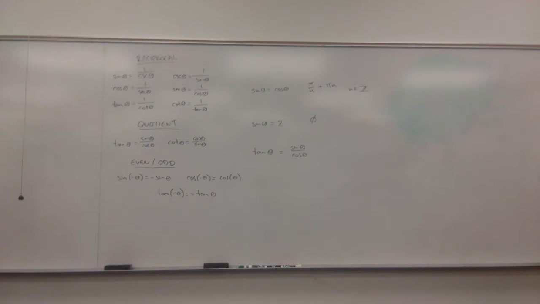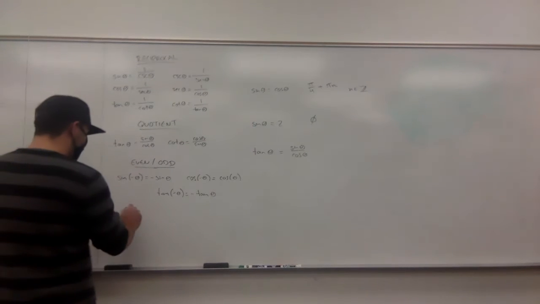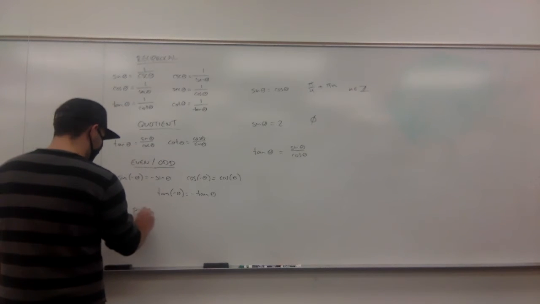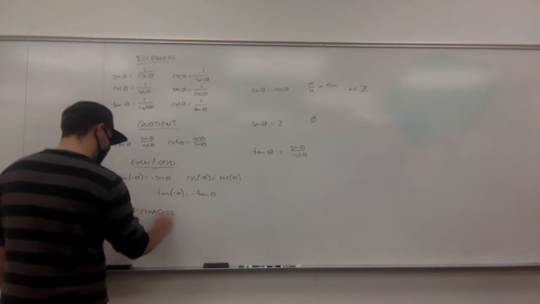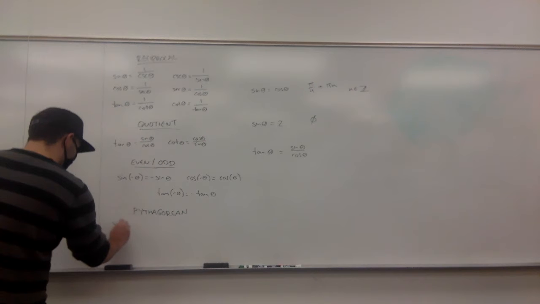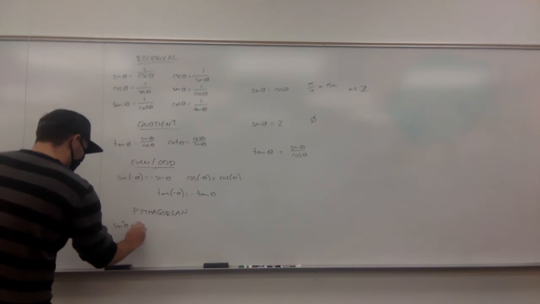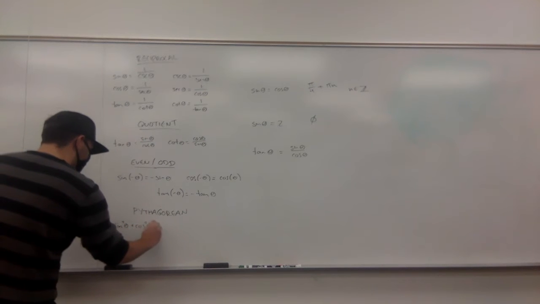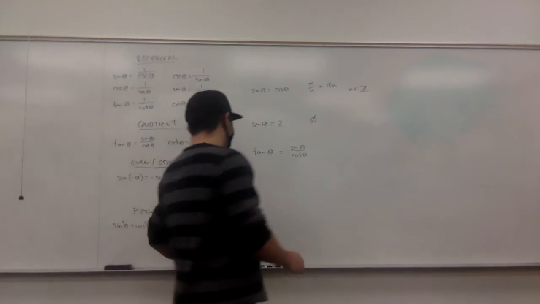All right, so the third group of important identities for us to keep in mind as we're doing problems today are the Pythagorean identities. And the first one that we proved was that sine squared theta plus cosine squared theta always equals 1. All right, the proof of that came directly from the unit circle.